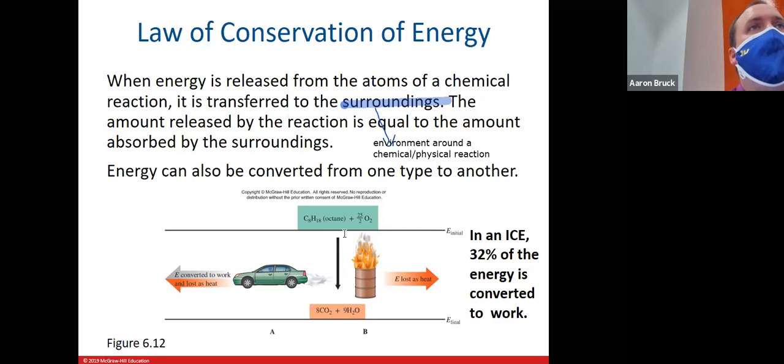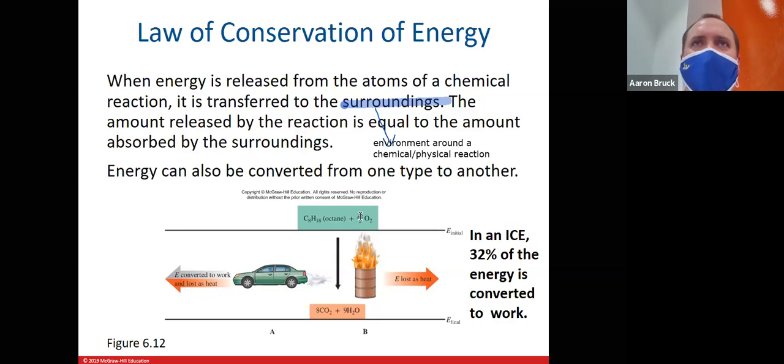Now, in some cases, heat is not the only kind of output. As is shown in this illustration with the car here, the combustion of octane inside of your engine does generate heat. That's why your engine feels hot after it's been running for a while. But the heat transfer is not the only conversion of energy that exists.